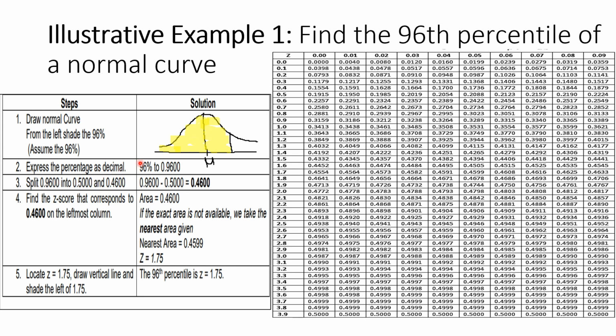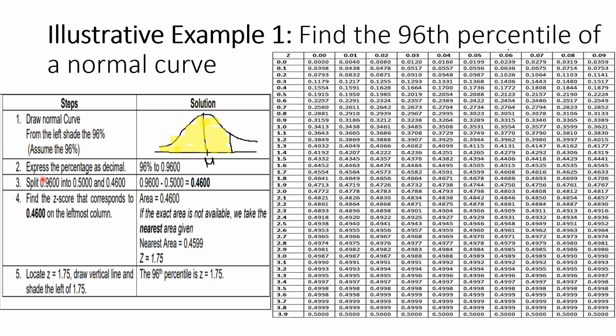When you were in grade 10, I know you still remember percentile, decile, and quartile. Quartile is out of 4, right? That's why it's called quarterly. Decile is out of 10. And percentile, from the word itself, percent, is out of 100. So we have 96%, and 96% in decimal is equivalent to 0.9600.